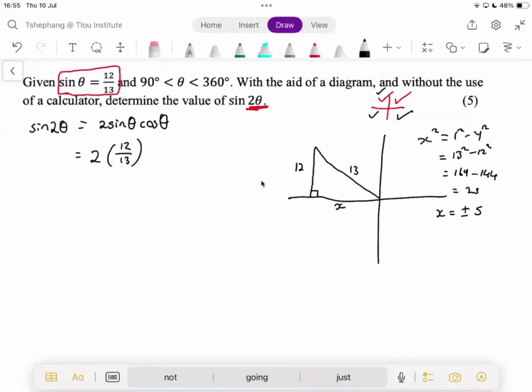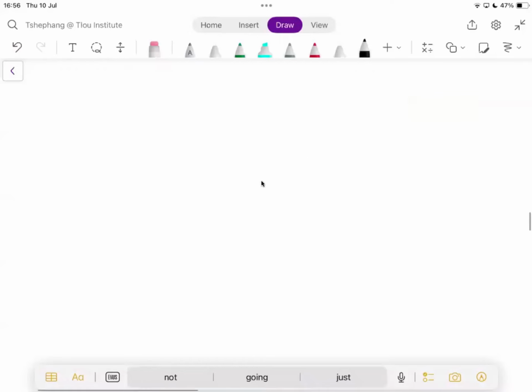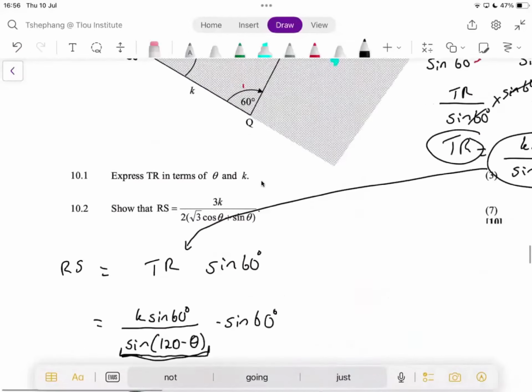Which value is it going to assume? The negative one, because it's on the left-hand side of the y-axis. Okay? Now, let's substitute that. Sorry about that. Let's quickly find where we are. There we go.